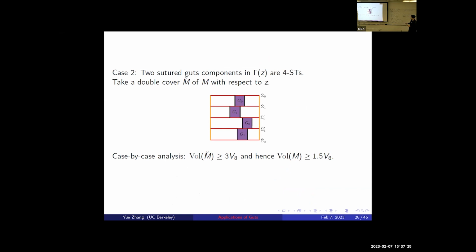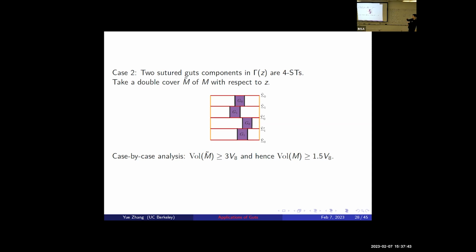So we come up with the idea that you take a double cover of M with respect to the homology class Z, so that you have G0, G1, and then another copy of G0 and G1. And you do some similar case-by-case analysis.